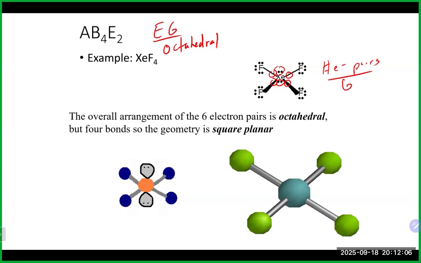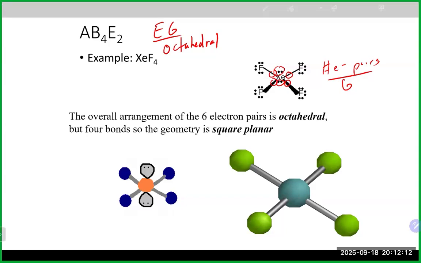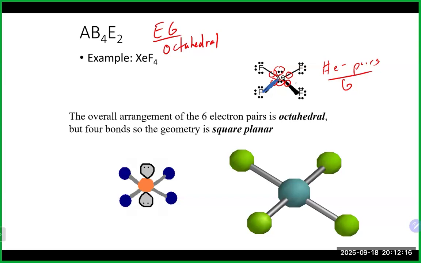In terms of bonds, we got 1 bond, 2 bonds, 3 bonds, and 4 bonds. Number of bonds is 4. So something with 6 electron pairs and 4 bonds is going to give us a square planar geometry.